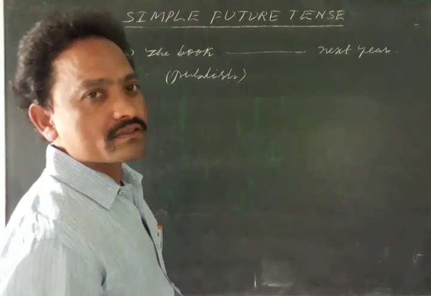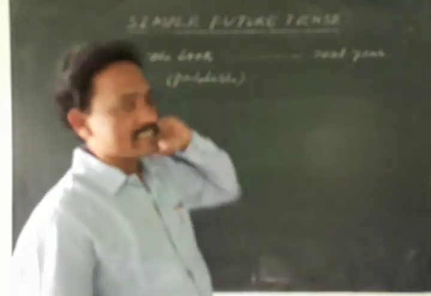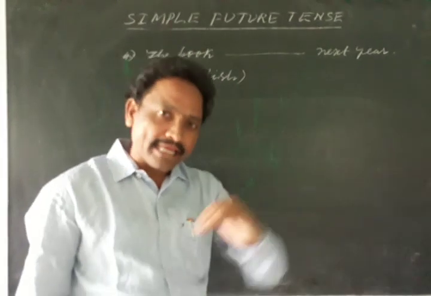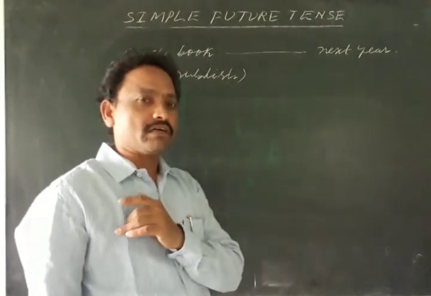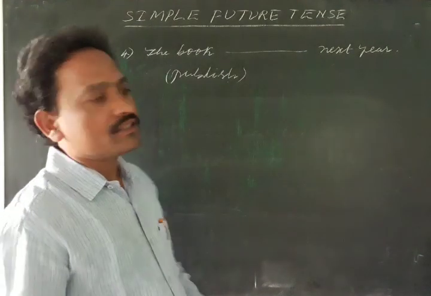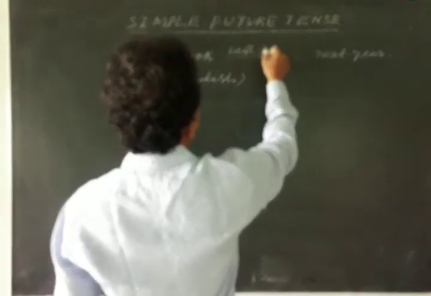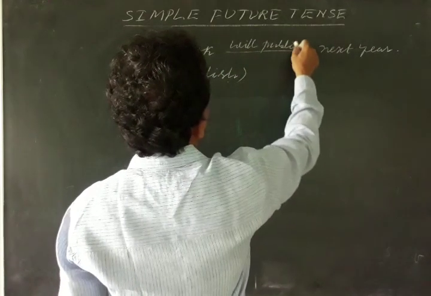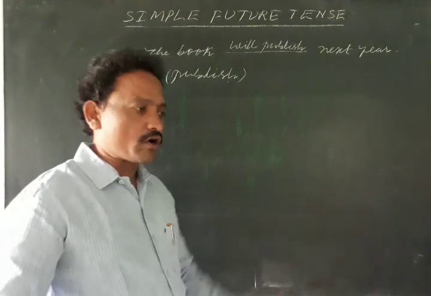What is the answer? If you think generally, because this is simple future tense, if you follow the plain thinking without observing the subject, you may write the answer, the book will publish. Is it the right answer? No, that's wrong.